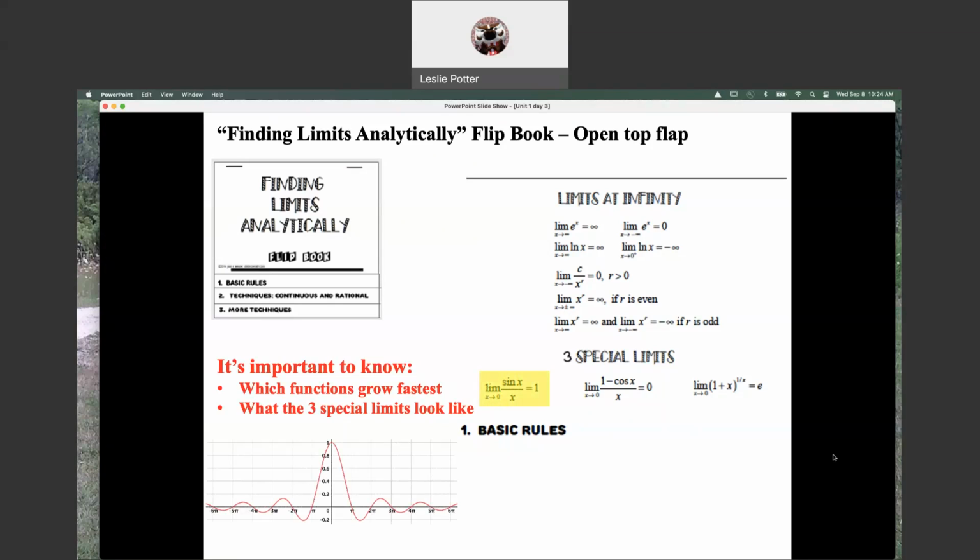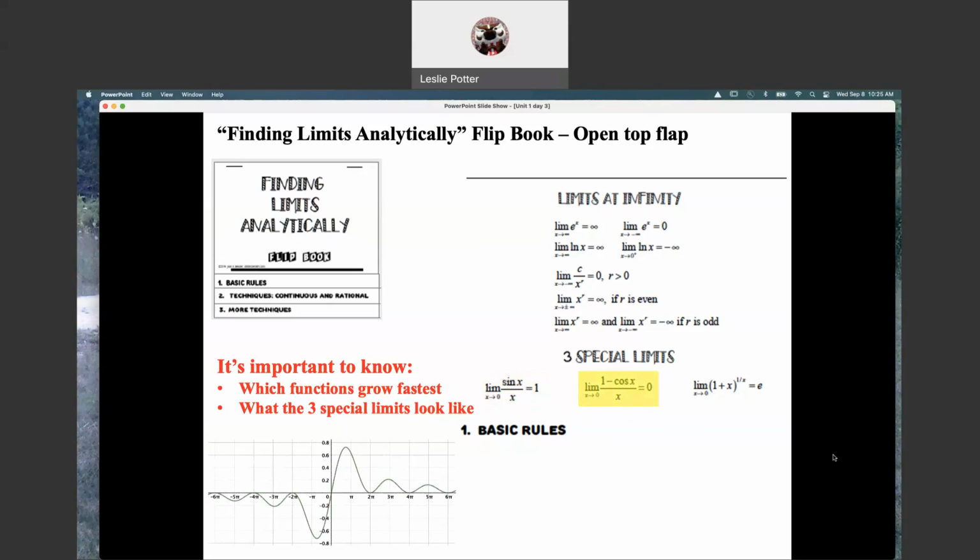This is what sine of x over x looks like. We can find its limit as we approach 0. It's not hugely important, but this is what 1 minus cosine x over x looks like. It kind of looks like you took off the left-hand side. It's indeterminate at 0, and we don't know how to find it without looking at a graph yet, and it'll be a while before we can.